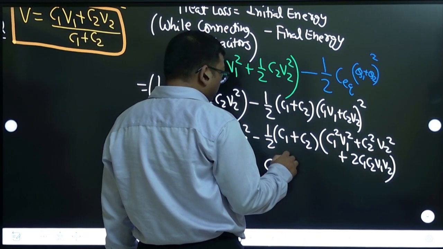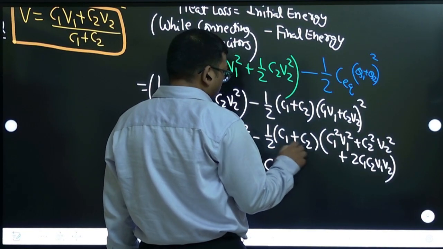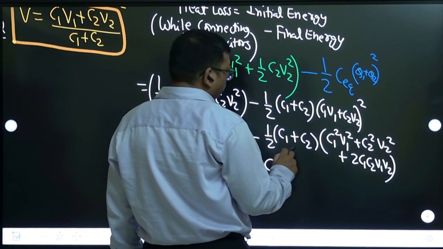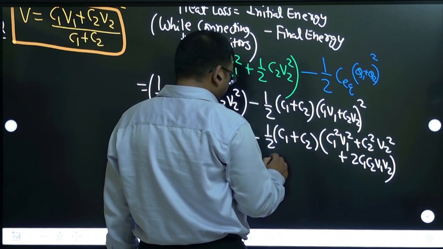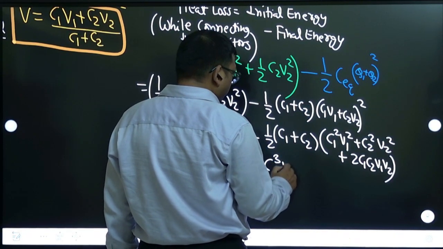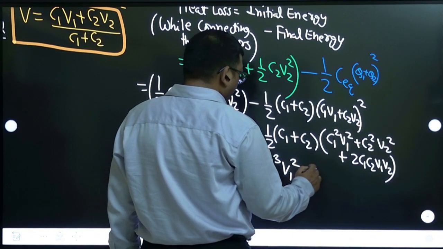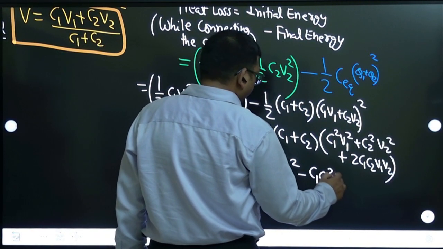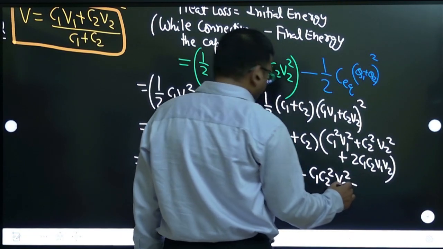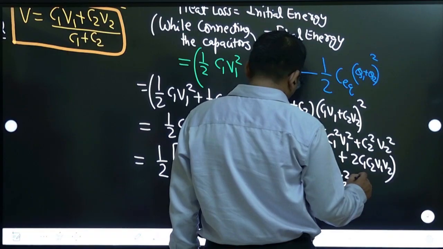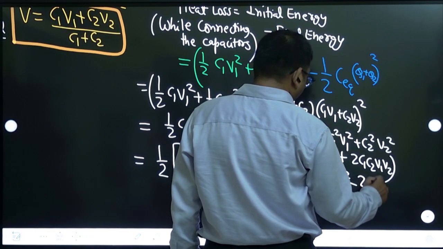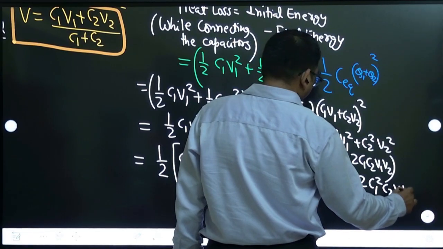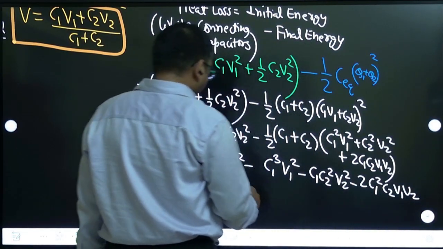So what do we get now? C1 I will multiply: C1 cube V1 square minus C1 C2 square V2 square minus 2 C1 square C2 V1 V2. Little bit lengthy it is going to be.